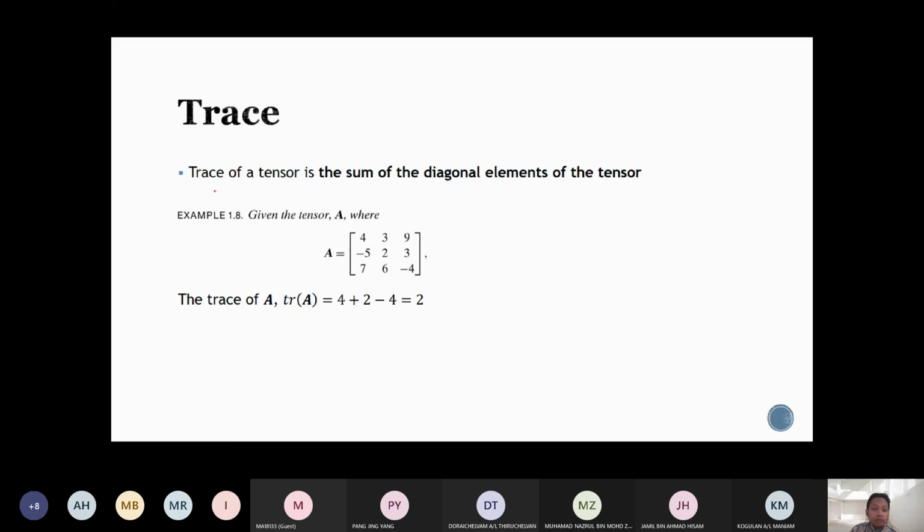So this is important. What is trace? Okay, so trace is just the sum of the diagonal element of the matrix. Okay, so it's for square matrix only. Okay, so trace adalah satu properties of matrix yang important. So I hope you understand or hafal ke, trace of matrix is the sum of the diagonal element.